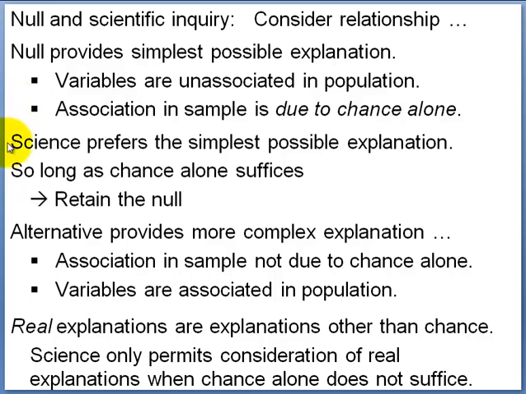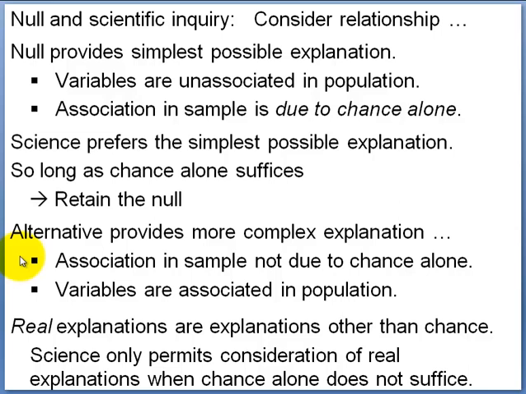Now, science prefers the simplest possible explanation. So long as the null suffices, so long as sampling error alone, chance alone, is a sufficient explanation, we're going to retain the null. Now the alternative offers a more complex explanation. It asserts that the relationship that we see in the sample is not due to chance alone.